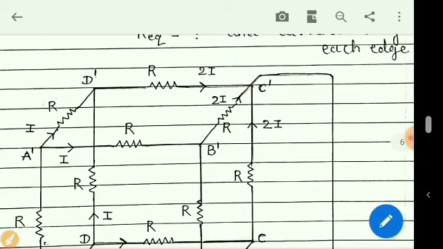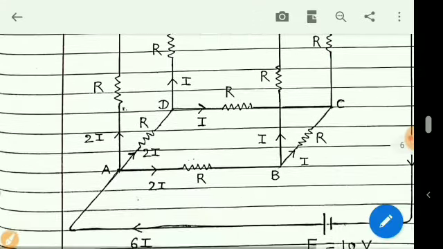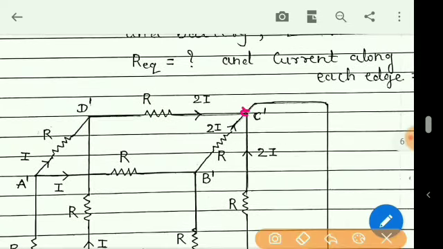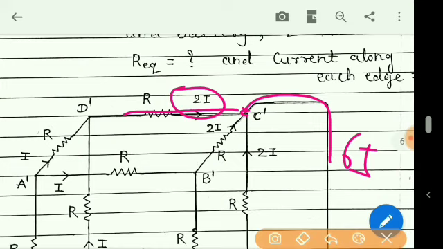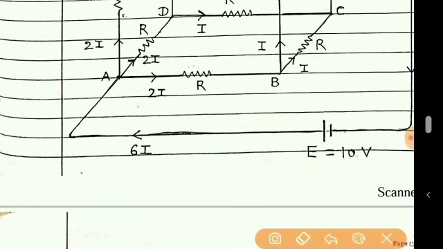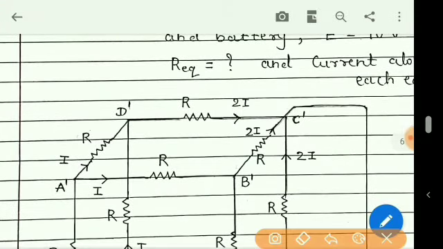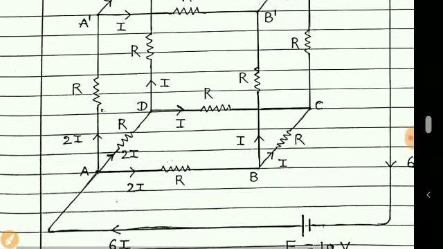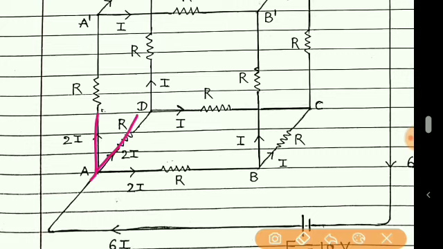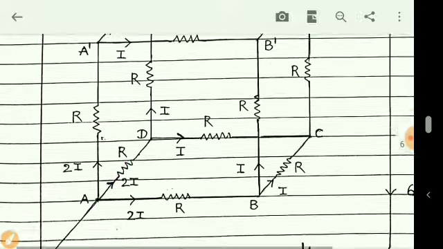That means if the division is 2I along each path, then when they meet at this point, and the total current once again becomes 6I, then definitely here also there should be 2I, here also 2I, and here 2I. The currents which are separating should be equal to the currents meeting at this point. So here this much division is done, that is at point A as well as at point C dash.